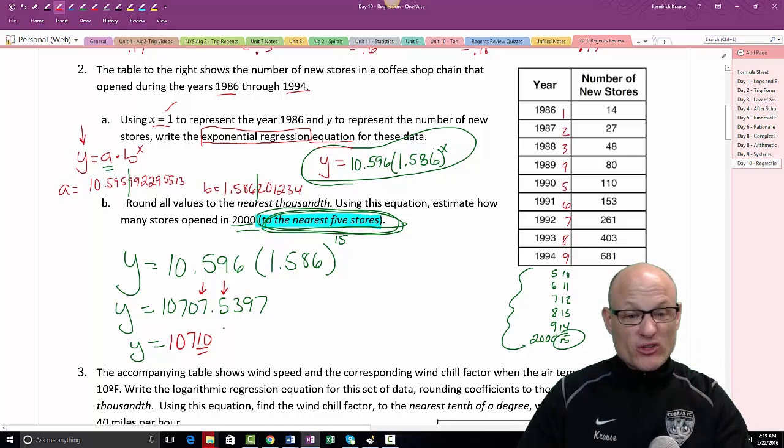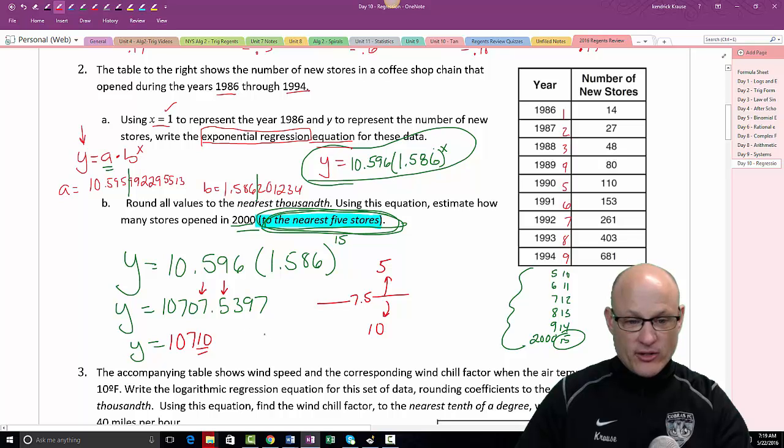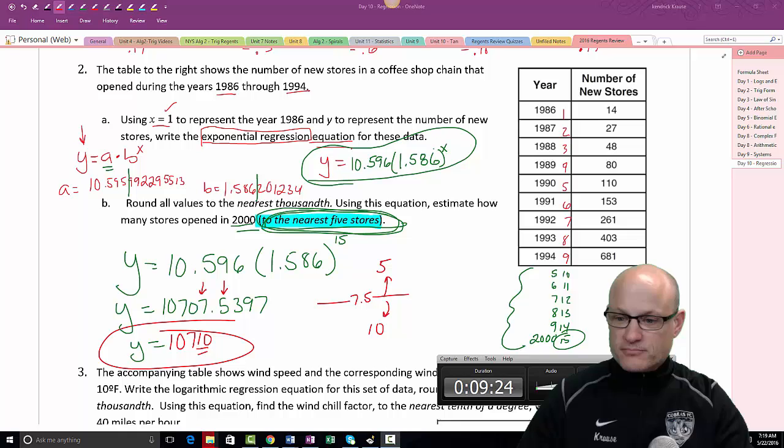Yeah, because it's closer to 10 than it is to 5, because this is over, right? Because my cutoff then would be halfway between 5 and 10, which would be 7.5. That would be the cutoff. Anything before 7.5, I go there. Anything after 7.5, I go there. So there's the answer.